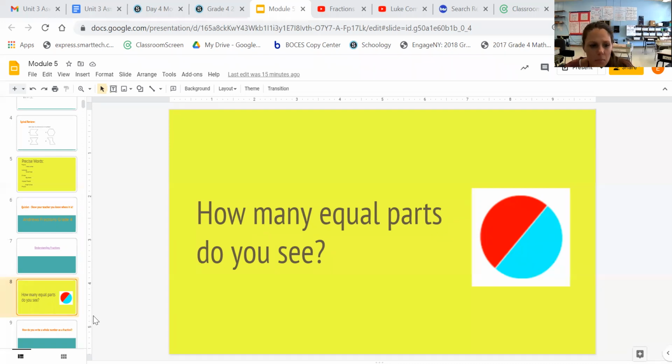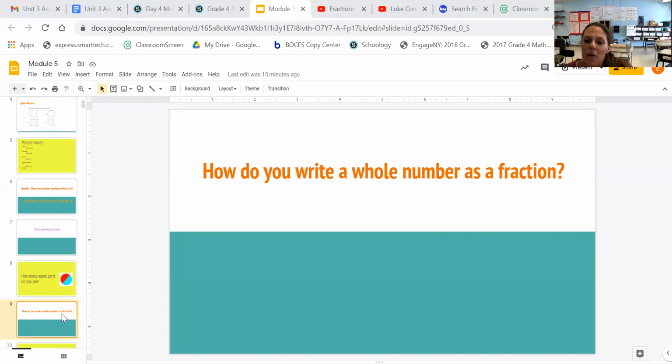Okay? All right. How do you write a whole number as a fraction? So for example, if I have the number 1, how could I write that as a fraction? We just kind of talked about it. Really, as long as the numerator and the denominator are the same, so we could do 3/3.